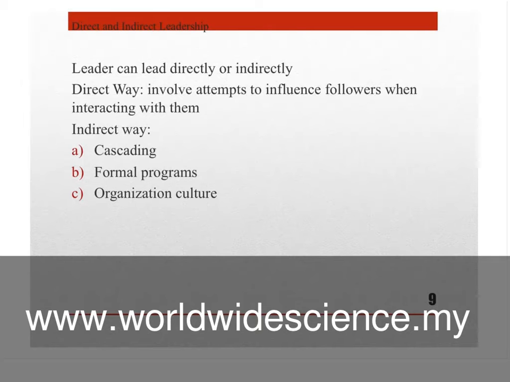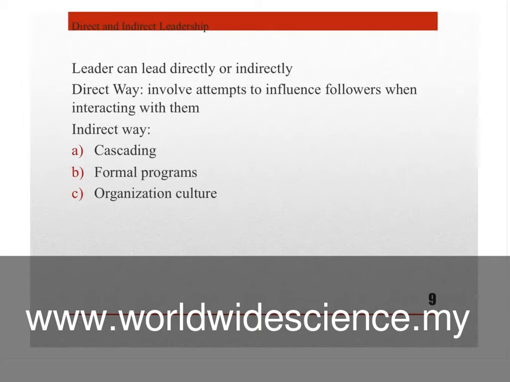Examples would be writing memos or reports to the employees, sending them email messages, presenting speeches on television, holding meetings with a group of employees, and participating in activities that involve employees, attending orientation or training sessions and things like that. Most of these forms of influence can be classified as direct leadership.